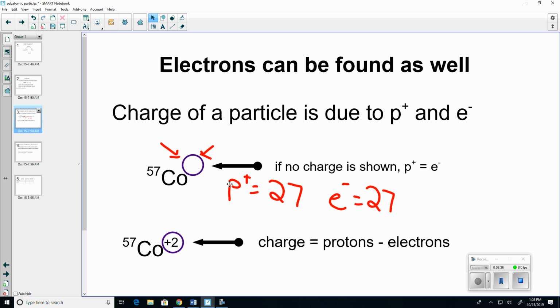The part that throws off students, which, again, if you were to write something down, your second quote-unquote equation would be this equation down here. To solve for the charge of something, you take the number of protons minus the number of electrons.